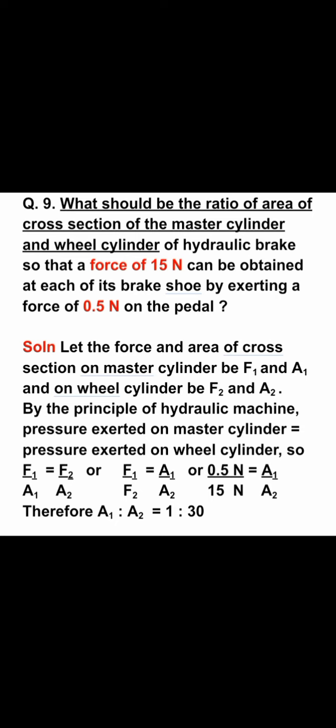Now, by the principle of hydraulic machine, again the pressure exerted on the master cylinder equals the pressure exerted on the wheel cylinder. So we can write F1 by A1 equals F2 by A2.